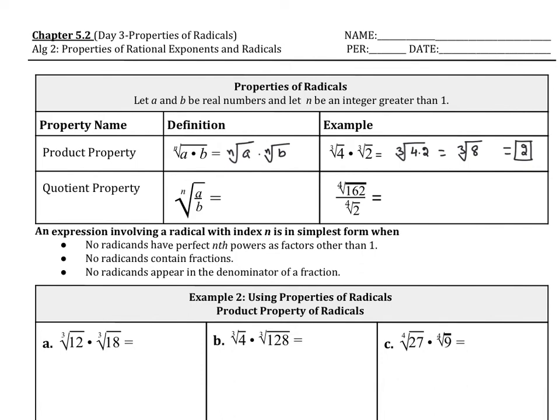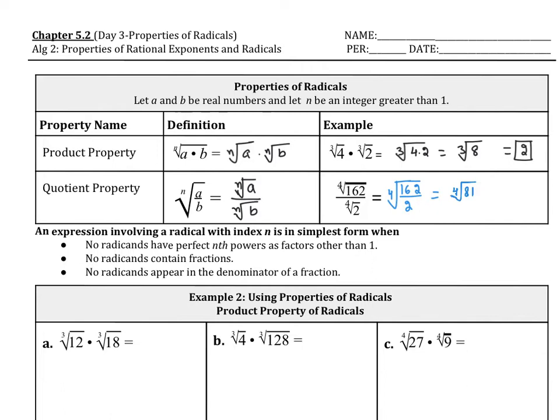For the quotient property, same thing, you can separate them according to the need, or you can also combine them. In this one, we are going to combine the fourth root of 162 divided by 2, and that's equal to the fourth root of 81, because 162 divided by 2 is 81.